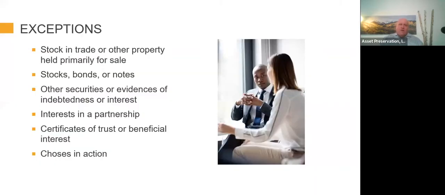There are things you can't exchange, and I just want to touch upon a couple of bullet points here for you. Stock in trade or other property held primarily for sale. So if the intent is to hold it for sale, you cannot do a 1031 exchange. So think of maybe the home builders in town. They put up a subdivision, they're going to have to pay taxes on that because the intent is to hold it for sale.